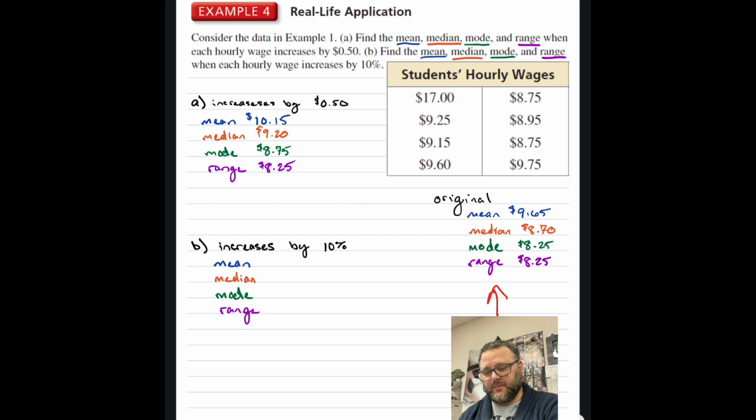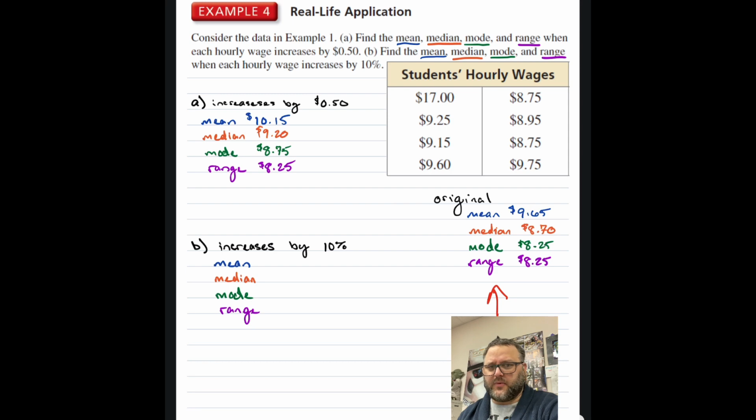Then we got a median of $8.70 and a median of $9.20. Again, it's a difference of 50 cents. Mode, $8.25 originally. New is $8.75 after a 50-cent raise. 50-cent difference. Range, $8.25. Range, $8.25. That one didn't change.